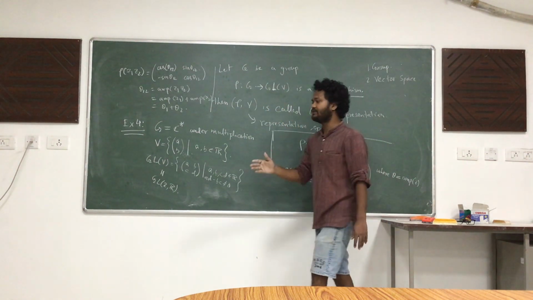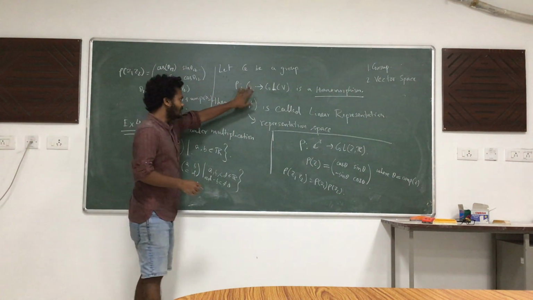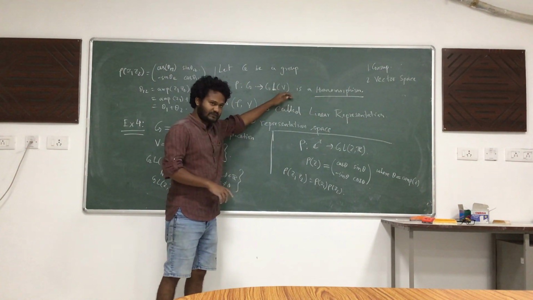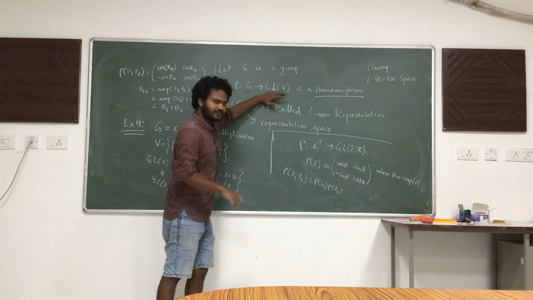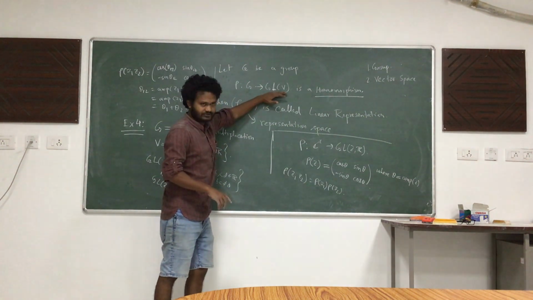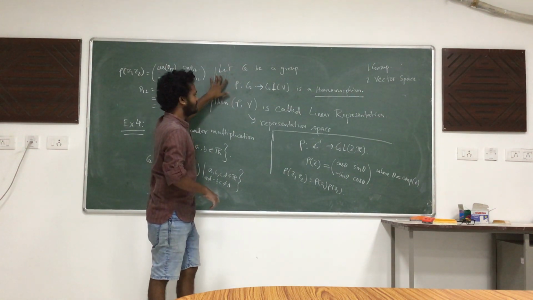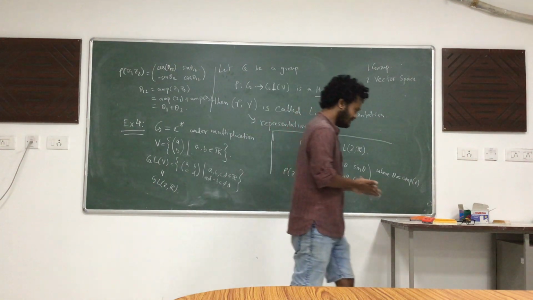Whenever we talk about representation, we are actually talking about a group and a vector space. So from the group to the invertible linear transformation group, if we can define some homomorphism, then we can say we have given a representation.